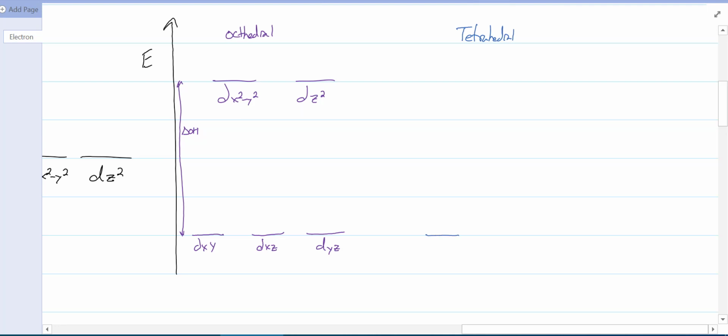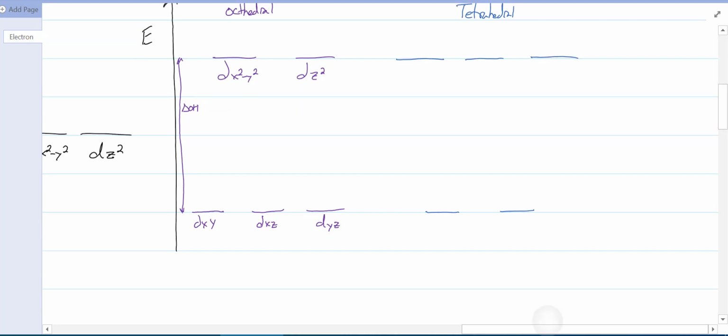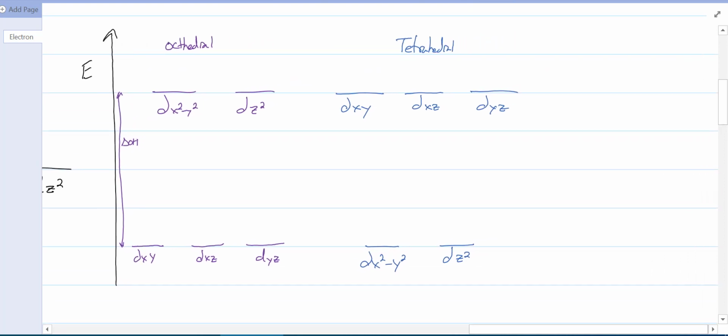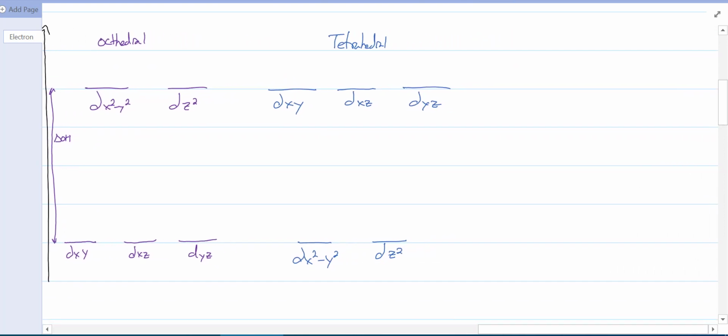And I don't remember if it's the exact same energy splitting. Forgive me. Right, where it's exactly split. You have dx squared minus y squared, dz squared down there, dxy, dxz, dyz. All right, and then last but not least, we'll have square planar.